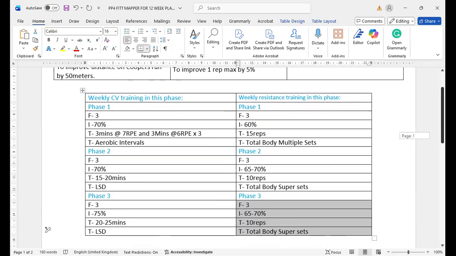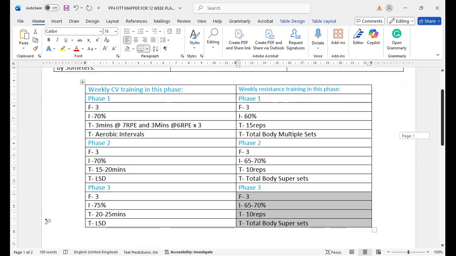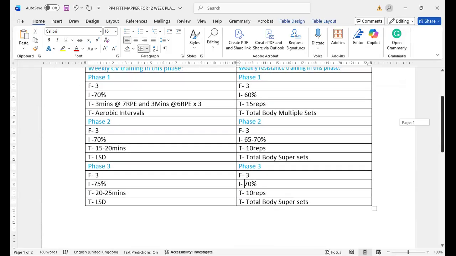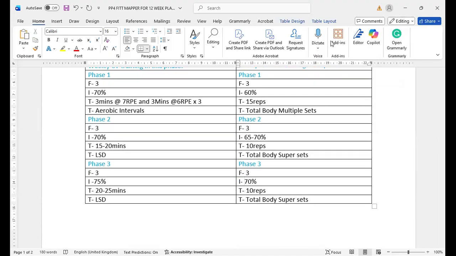We haven't got time to move into strength, and Audrey hasn't asked for strength at that point. So I don't desperately need to be making a lot of changes with my rep ranges at this point. So do I need to change anything? Probably not, everyone. So I'm just going to pause this share.